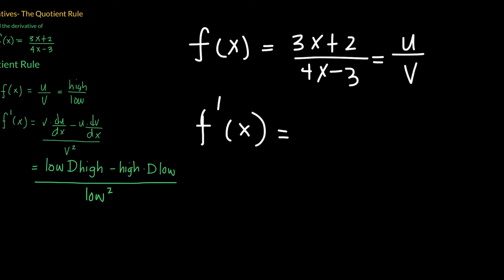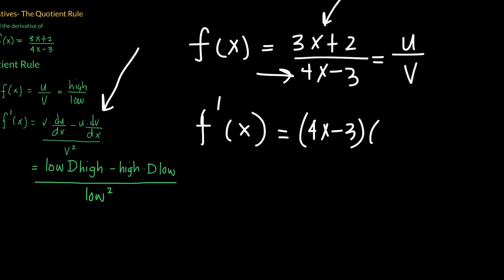So the formula says v du over dx minus u dv over dx. So v is 4x minus 3 times du over dx, the derivative of u. So derivative of u is 3. Then minus, it says u dv over dx.